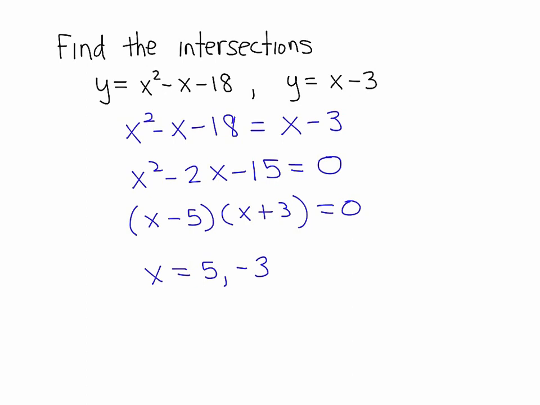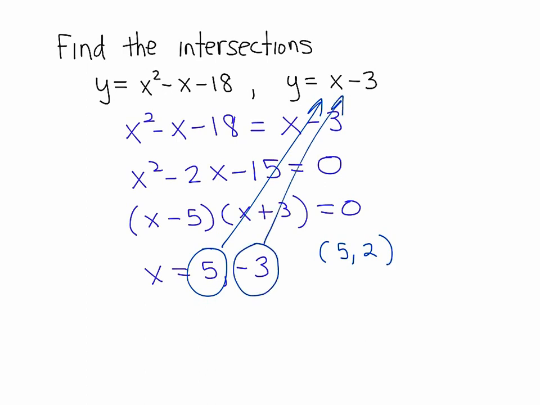To find the y-coordinates, we plug the 5 into either of the equations, but in this case, plugging into the linear one will be a lot easier. So when x is equal to 5, the y value will be 2. When x is equal to negative 3, doing the same thing, the y value is equal to negative 6. So those are the two intersections of the two graphs.